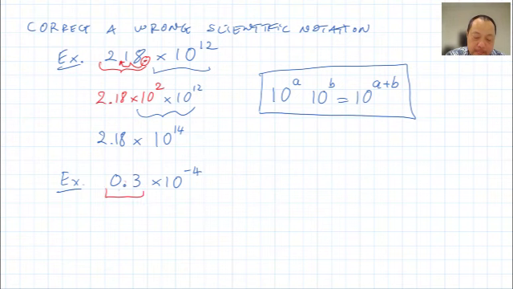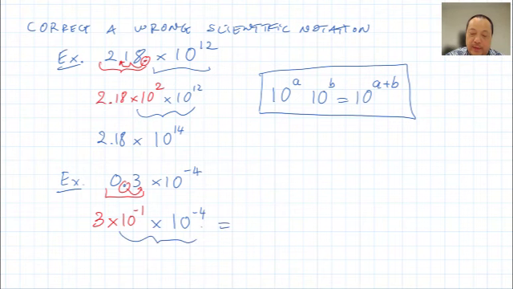Just this one, I'm going to move it one place here. It's 3 times, and because it's some kind of decimal, it needs a negative power. It's 3 times 10 to negative 1. And don't forget that I already have the 10 to negative 4 over there. And then these two together, again, applying this rule here, I add the exponents. Negative 1 plus negative 4 makes negative 5, so it's 3 times 10 to negative 5.